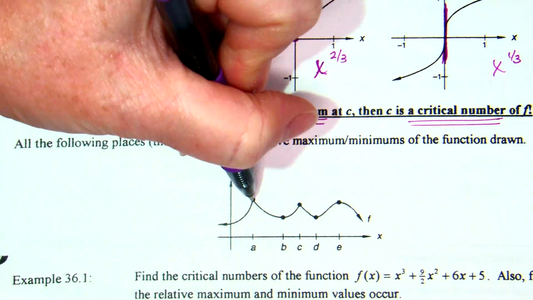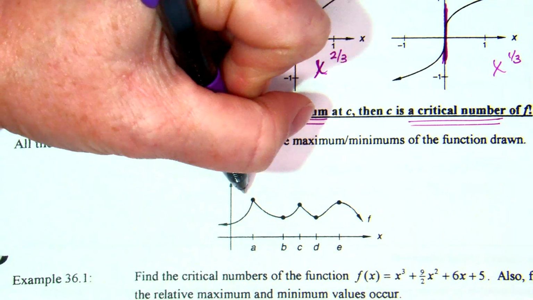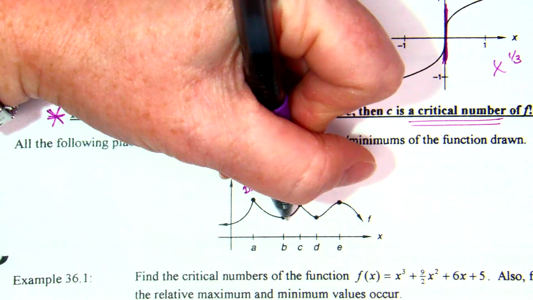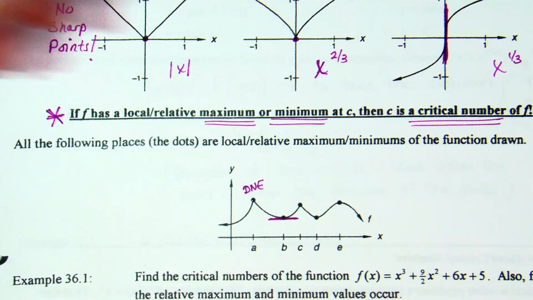We have a sharp point, so the derivative does not exist at that point. What about the dot at B? I would draw a horizontal tangent line, and the slope of a horizontal line is 0. So there's an example where my derivative is equal to 0.